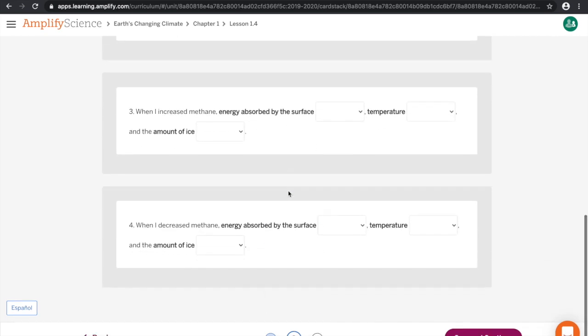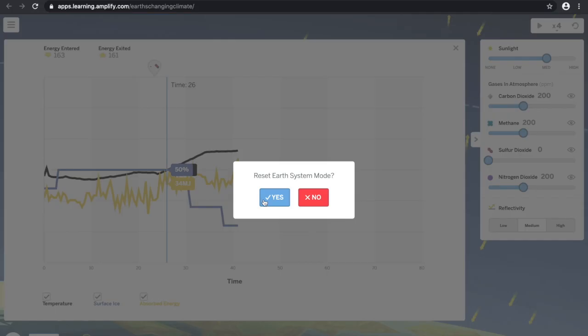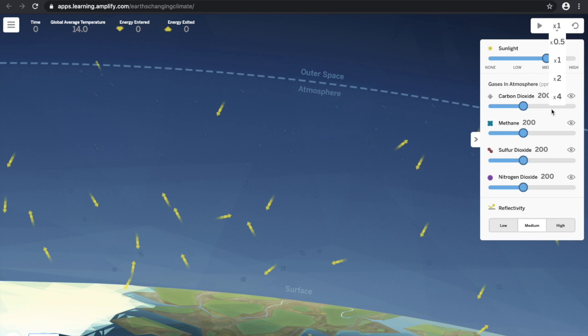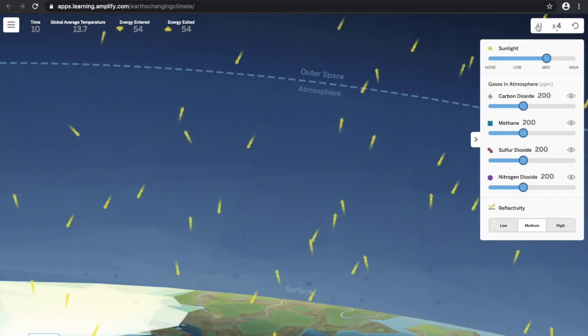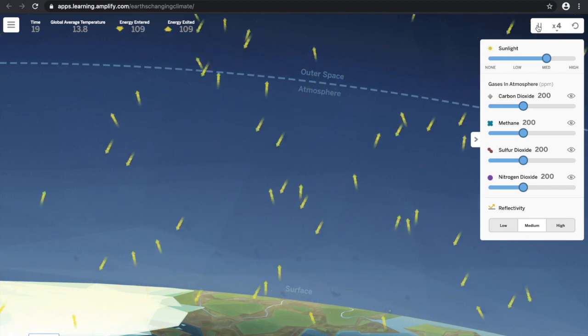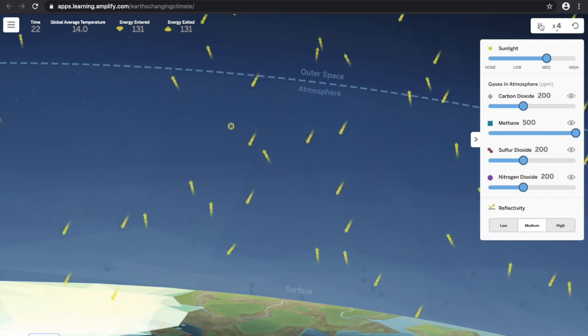And now our last one is methane. So we're going to do this one quickly. We're going to take the methane, go all the way up.